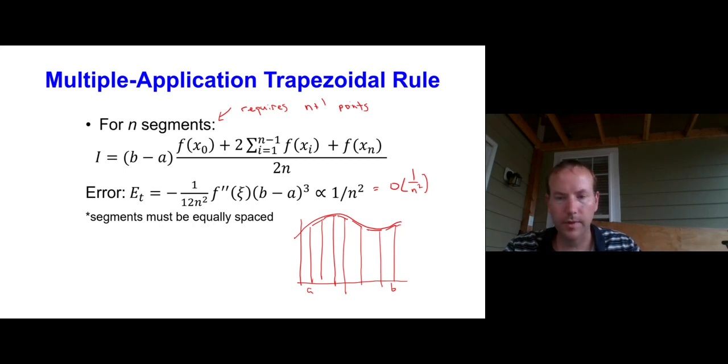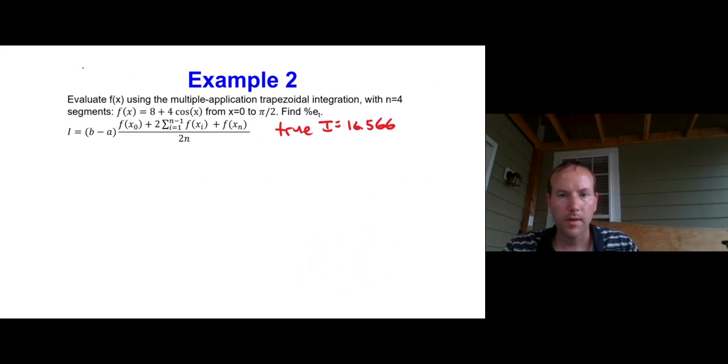Okay, so now let's do an example using this multiple application trapezoidal rule. What we're going to do is use the same function as we did before, but let me show a little number line in this case. So we start off at 0, and we're going to pi over 2.